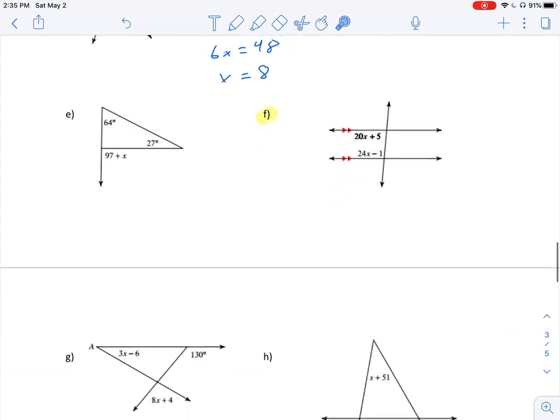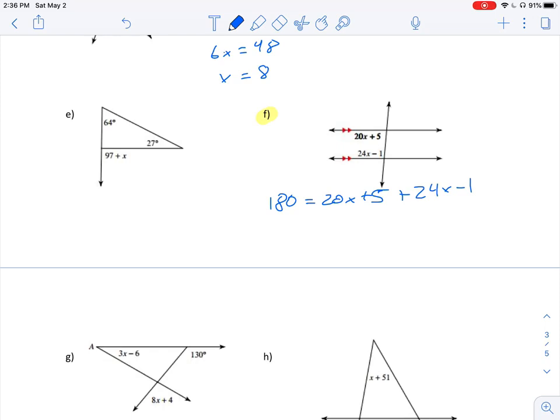Example F, we have 20x plus 5 and 24x minus 1. Lines are parallel, and they are both on the inside. This is co-interior. So the co-interior angles must add up to 180. So 180 is equal to 20x plus 5 plus 24x minus 1.